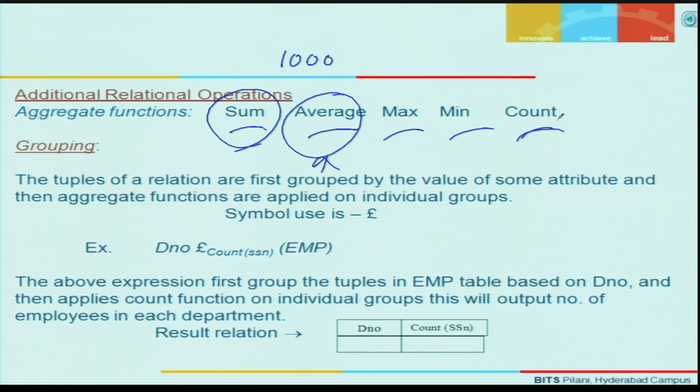And we have the grouping operation, which is a very important facility in relational algebra. The tuples of a relation are first grouped by value of some attribute, and then aggregate functions can be applied to individual groups.